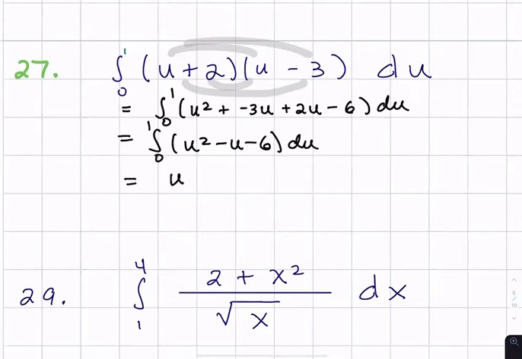Now I'll integrate, antiderivative. So I have u squared, I add 1 to 2, 2 plus 1 makes 3, and I divide by 3. Then I have u to the 1 power, so I have u squared divided by 2, minus 6u.